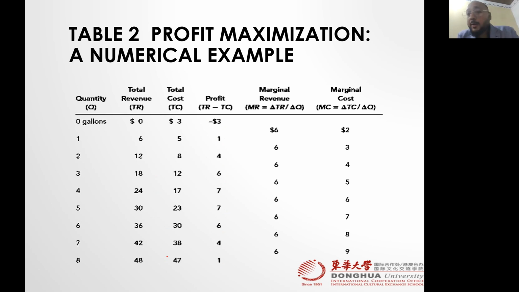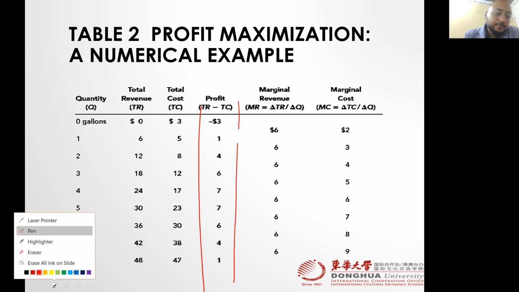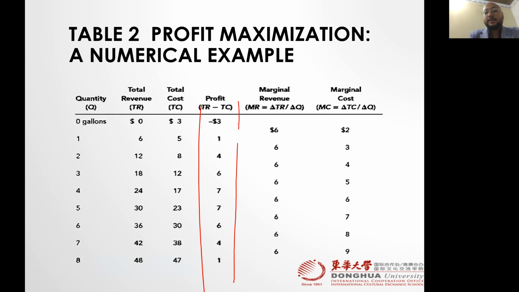So where is our profit maximum? Can you find out? Our profit is maximum either by producing 4 units or by producing 5 units.